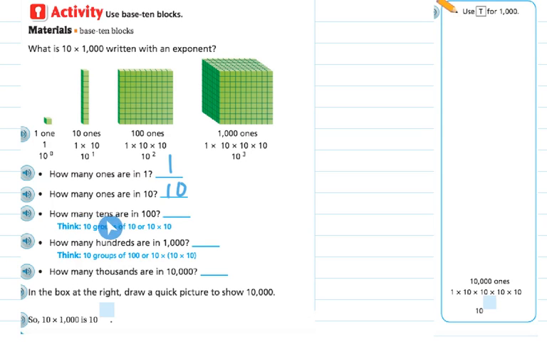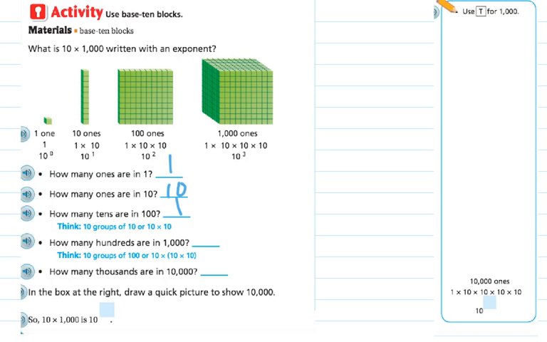Next, how many 10s are in 100? We look at 100, and we think to ourselves, it's asking about 10s. We know this is representative of 10, so we know we can count how many 10s are here. 1, 2, 3, 4, 5, 6, 7, 8, 9, 10.